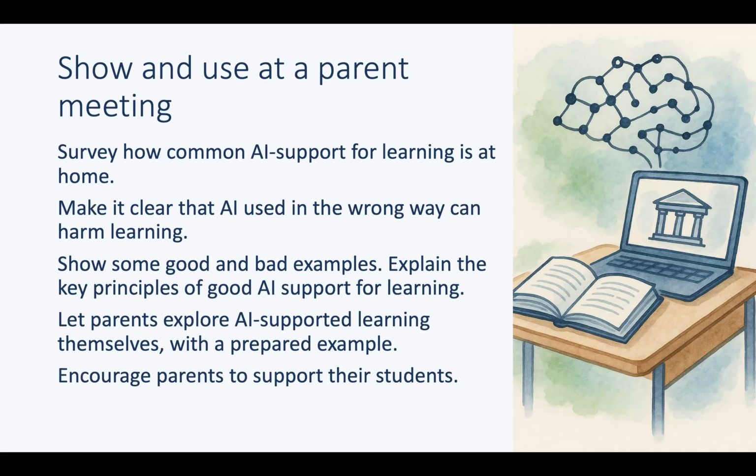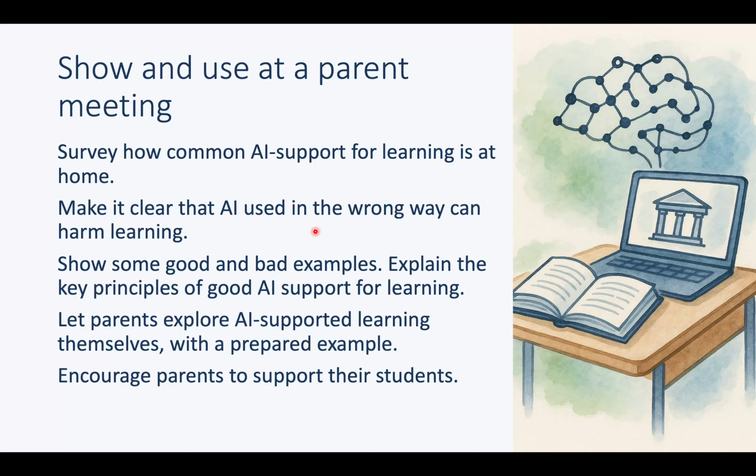Parents are important here as well, not only the school, because kids use AI at home. And if parents know more about how to use AI as a learning tool, that could help the kids that need this the most. And here are some suggestions for what to do at a parent meeting, like surveying how common it is that your kids are using AI for schoolwork, to get a feel for it.